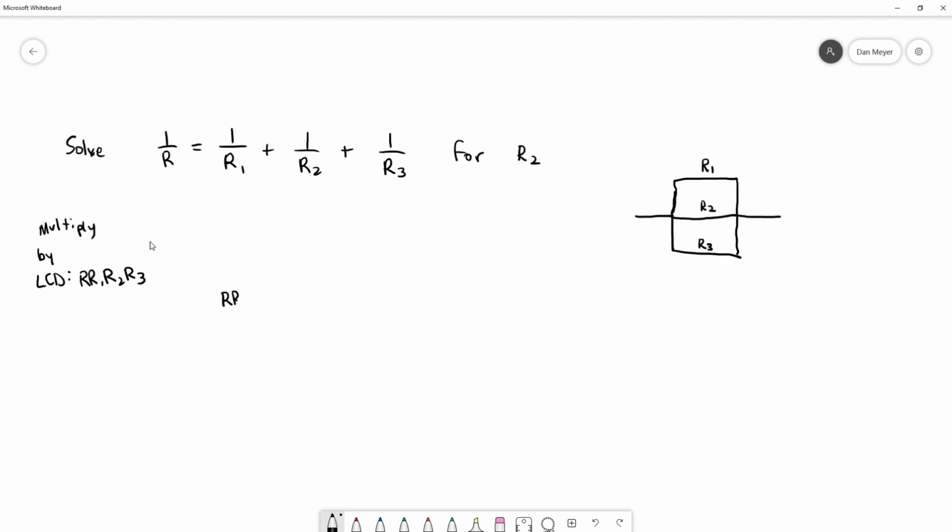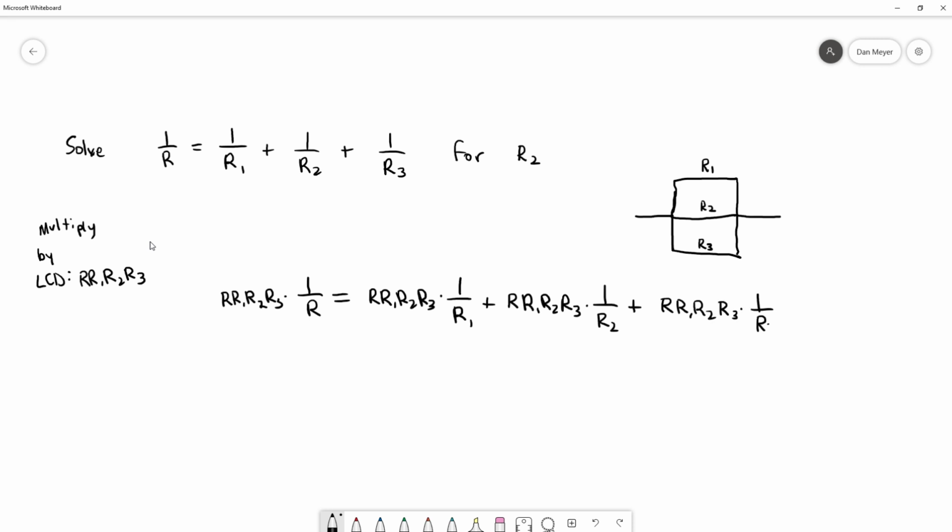We have R times R1 times R2 times R3 times 1 over R on my left-hand side, equal to R R1 R2 R3 times 1 over R1, plus R R1 R2 R3 times 1 over R2, and finally R R1 R2 R3 times 1 over R3.